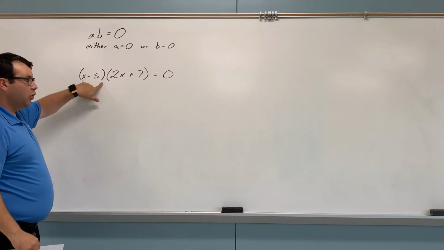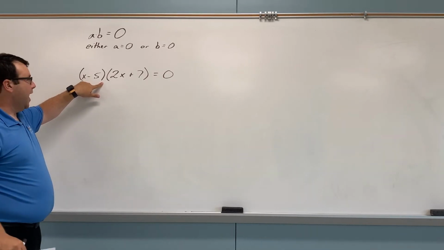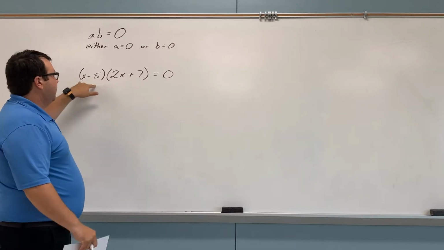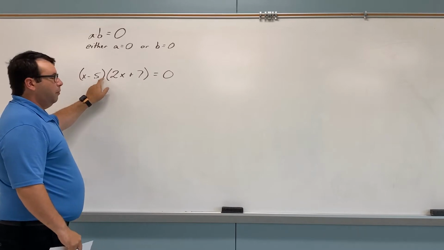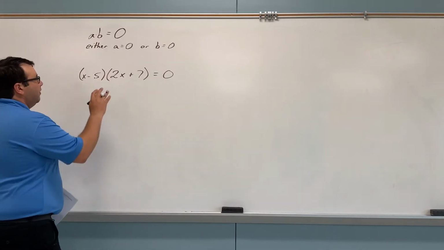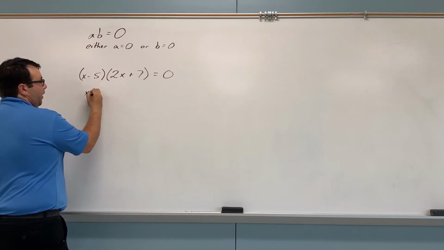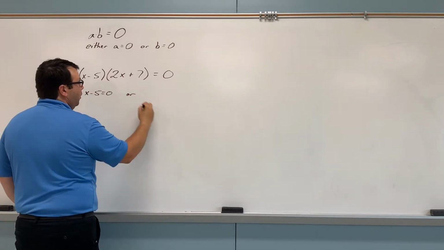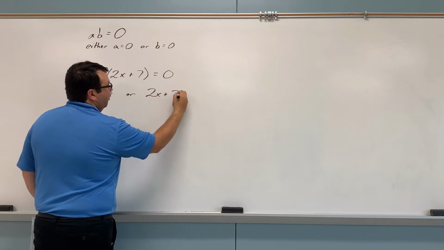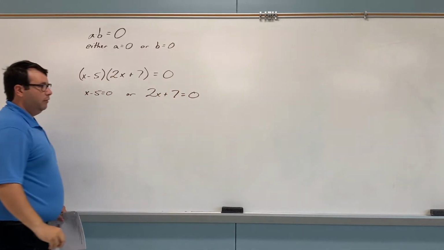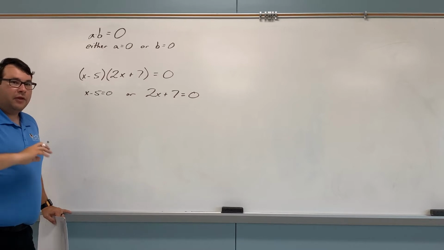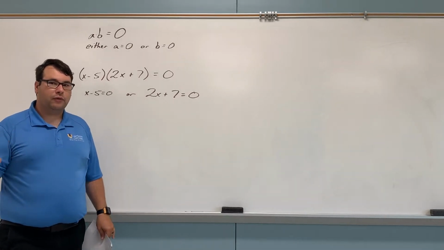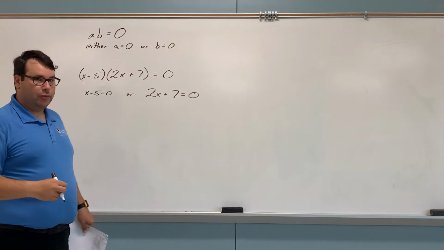I have one term, this is A. I have another term, this is B. Because they are being multiplied, I can technically say either x minus 5 equals 0 or 2x plus 7 equals 0. And either one could be true. We're not quite sure which one is which, so we have to assume that both are true.